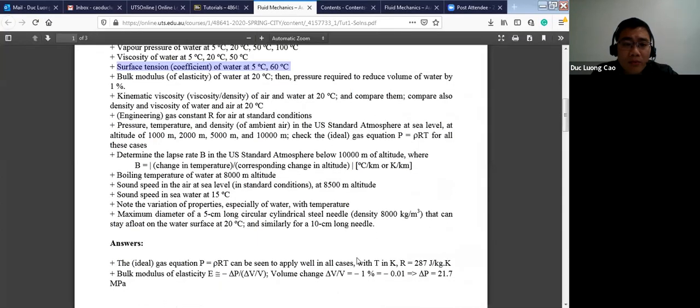Okay. To understand surface tension, we go to the last question. This one would be related to surface tension force and surface tension coefficient. Read this one first.